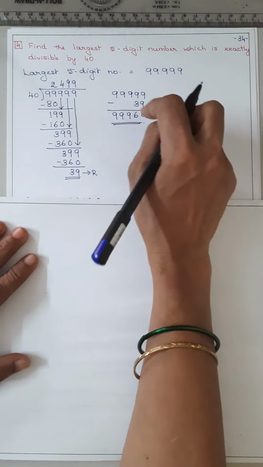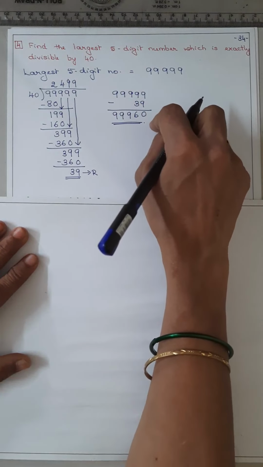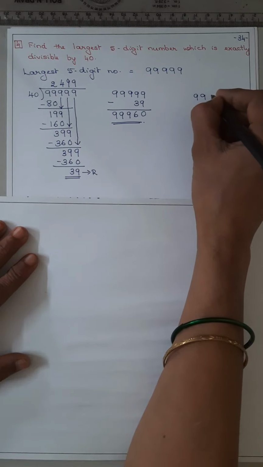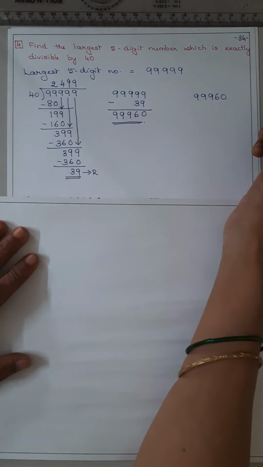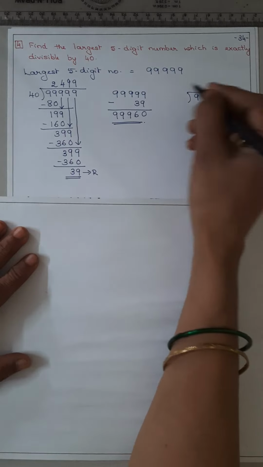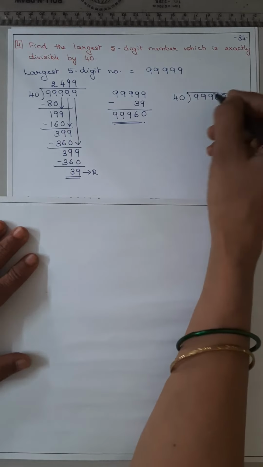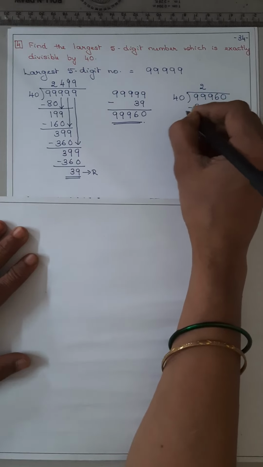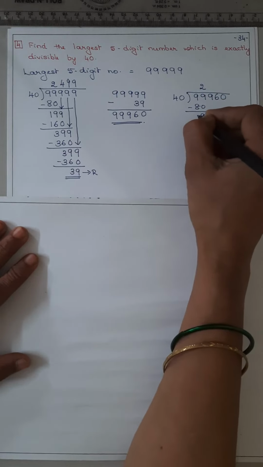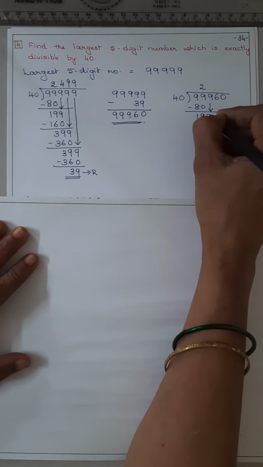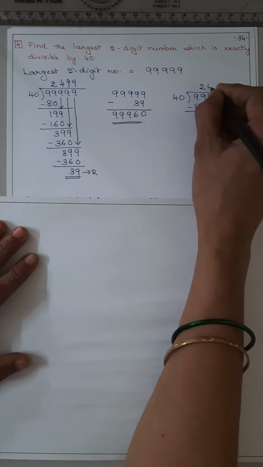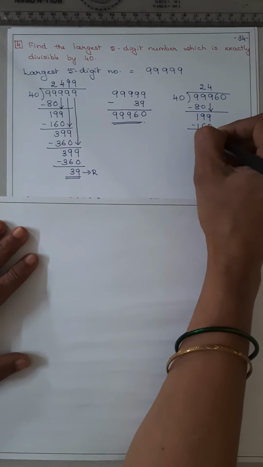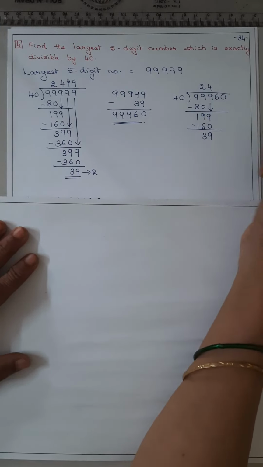So which is the largest 5-digit number which is exactly divisible by 40? So check. 99960 divided by 40. 2 4s are 8. So 9, 1 remains. Bring 9 down. 4 4s are 16. 9, 3.